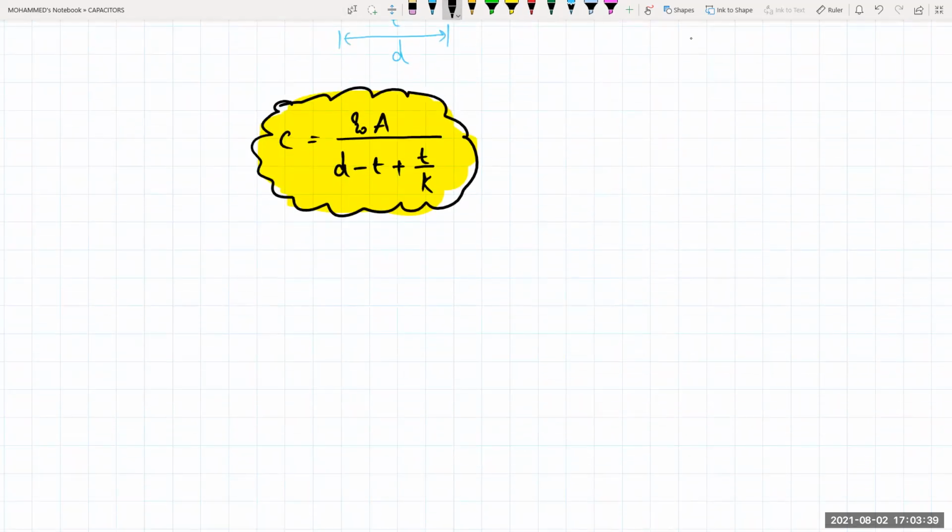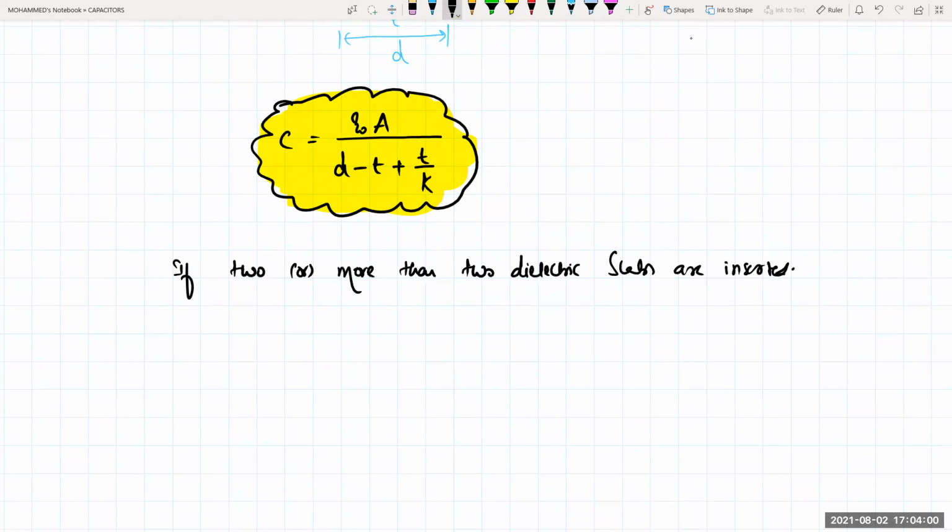When two or more dielectrics are kept, that is, when two or more dielectric slabs are inserted, this will become epsilon naught into A divided by D minus the thicknesses T1 plus T2 plus T3 and so on, plus T1 by K1 plus T2 by K2 and so on.